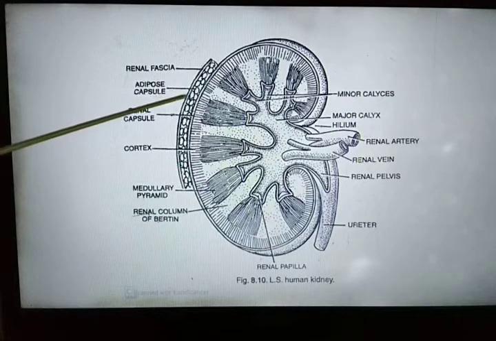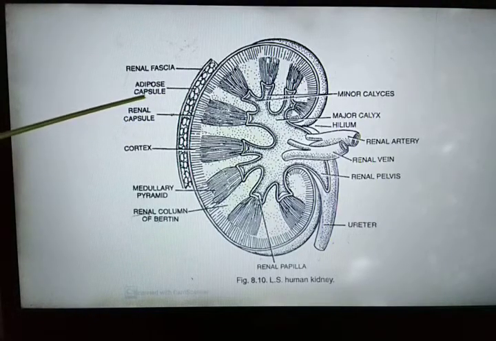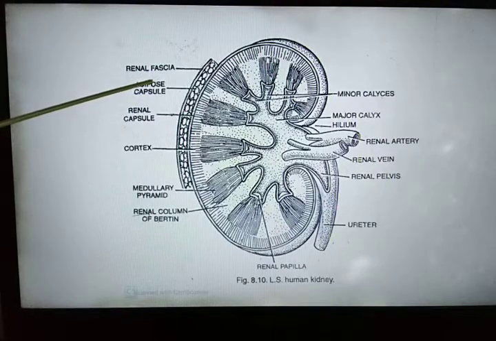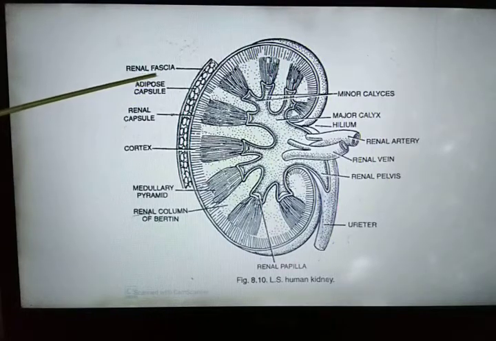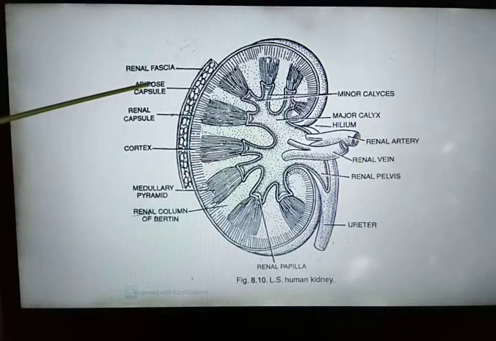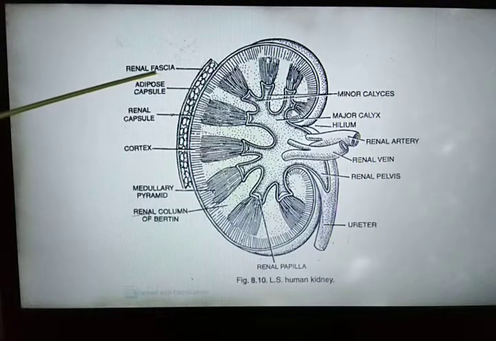Outer to the renal capsule is the adipose capsule, and outer to the adipose capsule is the renal fascia, which protects the kidney. Because it is made up of fibrous membrane, it helps in attachment of the kidney to the abdominal wall.